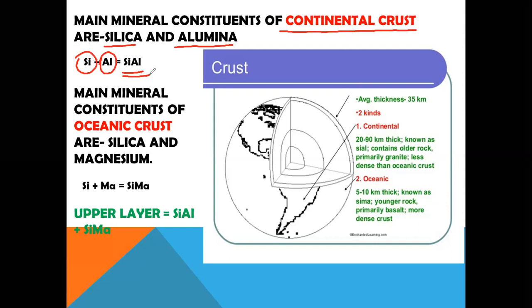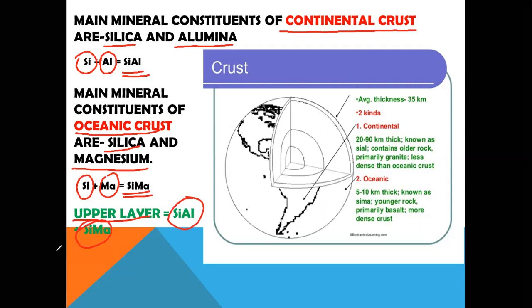Whereas the main mineral constituents of oceanic crust are silica and magnesium. In short, oceanic crust is composed of silica and magnesium called Sima when combined. So we can say that the upper layer of the earth called crust is composed of Sial plus Sima.